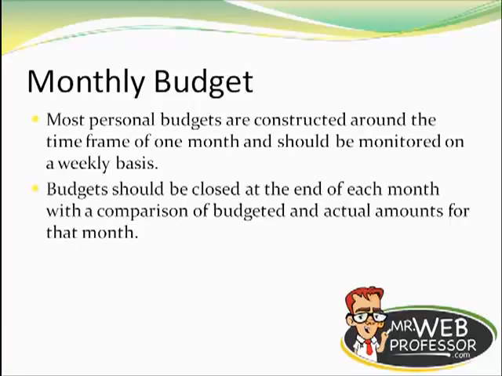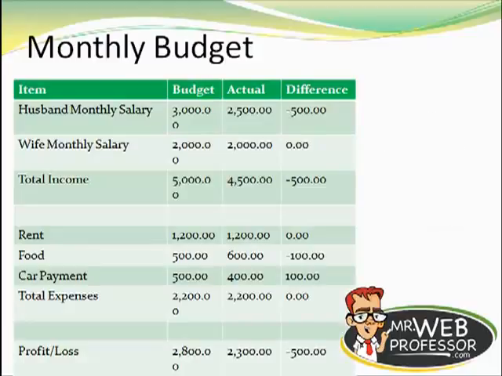Let me give you an example. And here's an example of a monthly budget. As you can see, the husband's salary was about $3,000, was what was budgeted. The actual came in at $2,500, which meant that when they closed their budget at the end of the month, they had a $500 difference.